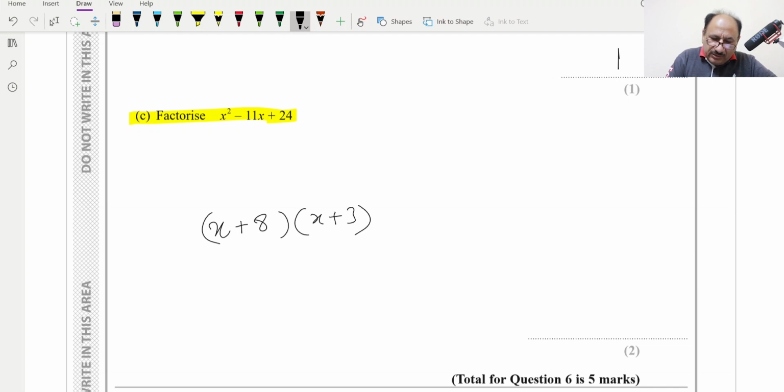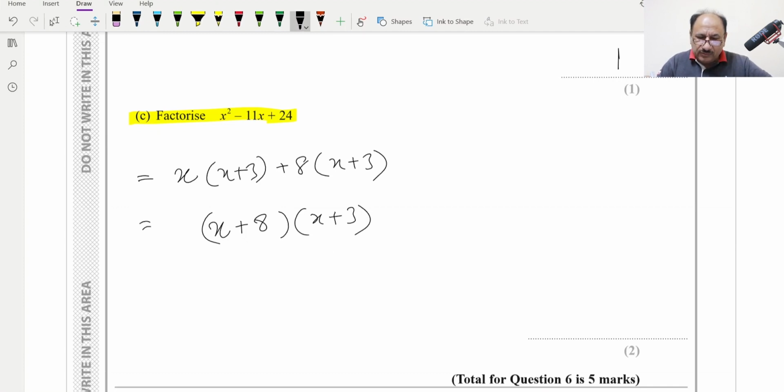An intermediate step we have to provide because this is a 2 mark question, so we want to provide the working also. So just write here x into x plus 3, then plus 8 again x plus 3, and this will be the working which you have provided, and this will be sufficient.